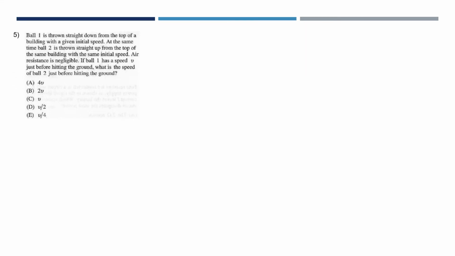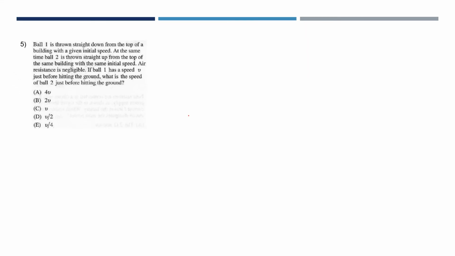Let's now move to question number 5. Ball 1 is thrown straight down from the top of a building with a given initial speed. This is ball number 1, and it's now being thrown down given an initial speed. Let's call this V initial.